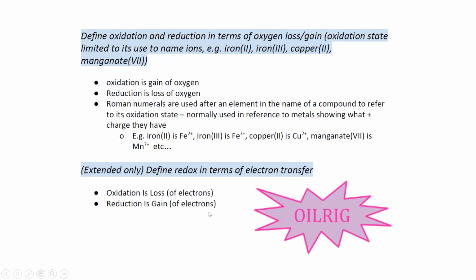So oxidation is a gain of oxygen, and reduction is loss of oxygen. Or oxidation in terms of electron is a loss of electron, and reduction is a gain of electron.